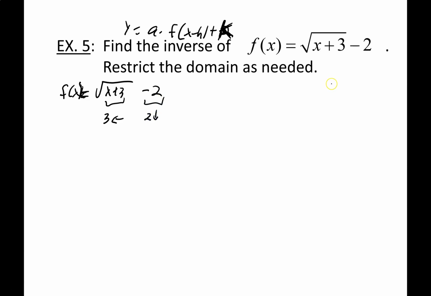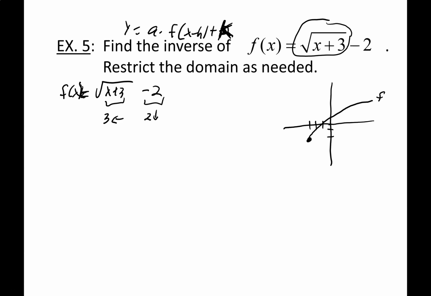So let me go ahead and make my graph over here. So instead of starting at 0, 0, I go 1, 2, 3 to the left, and 2 down. And that is the starting point of my function. Now again, it is the square root function, so it's going to go something like that. That's going to be my f.